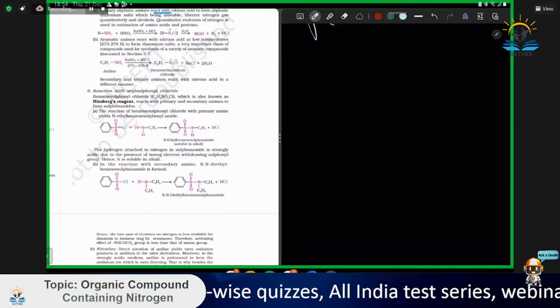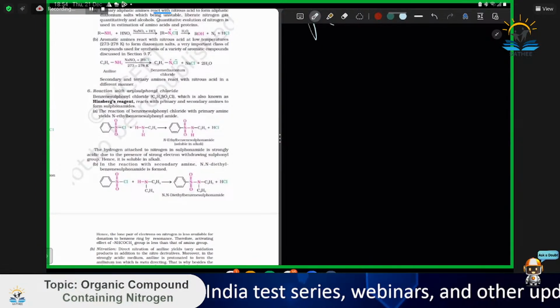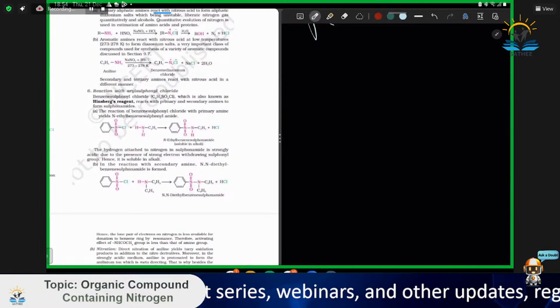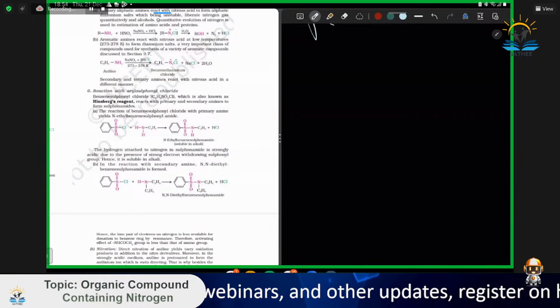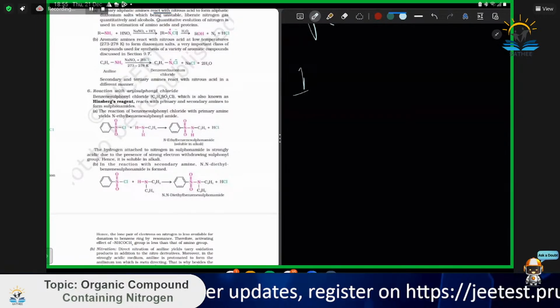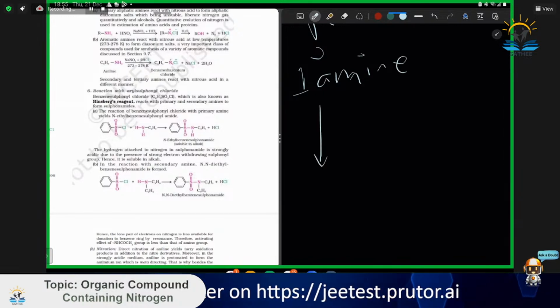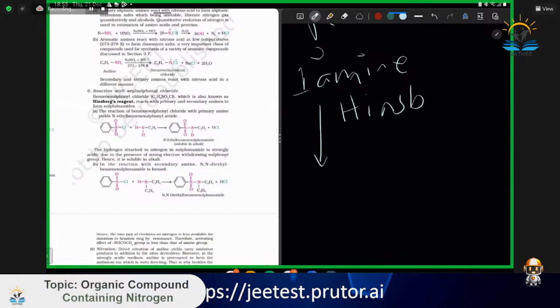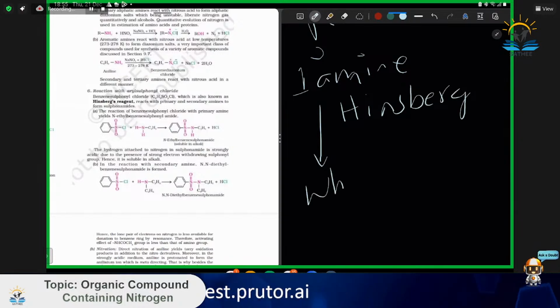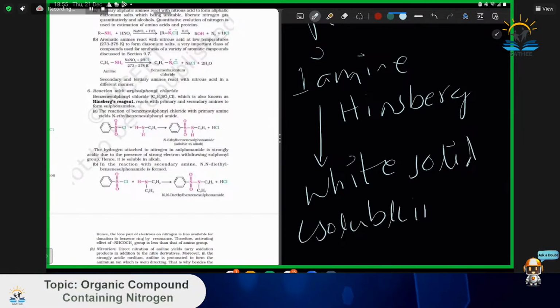Reaction of Hinsberg reagent with primary amine creates a white solid, which is soluble in alkali.